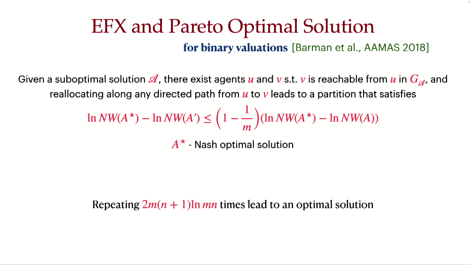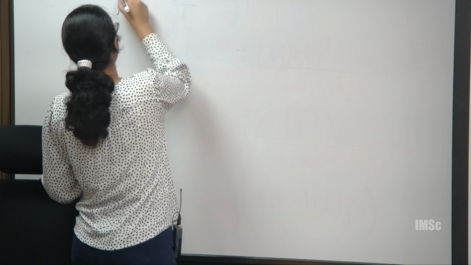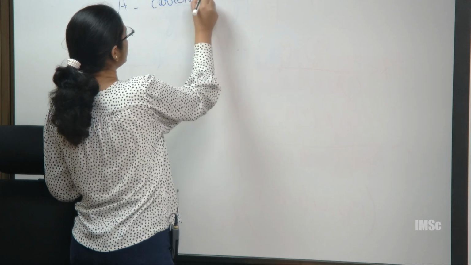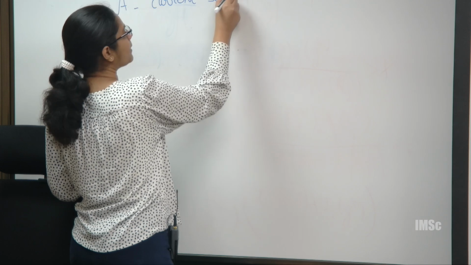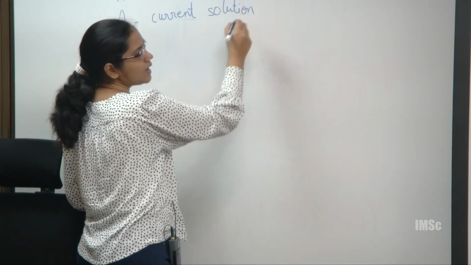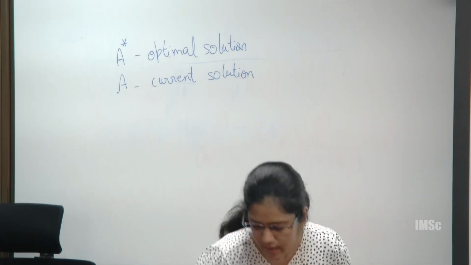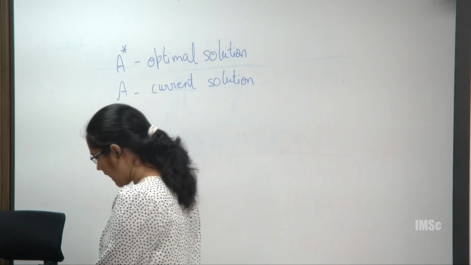This A star is your optimal solution, and A is your current solution. When I say solution, I mean allocation. Okay, current solution. Now, let us understand what is happening with respect to A star and A.